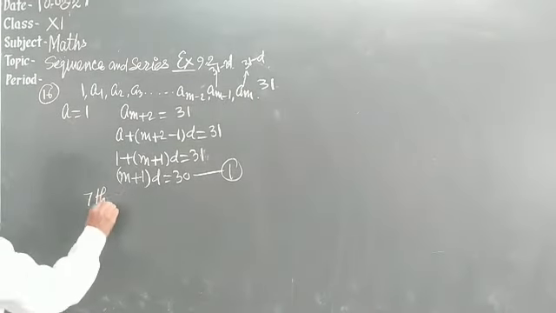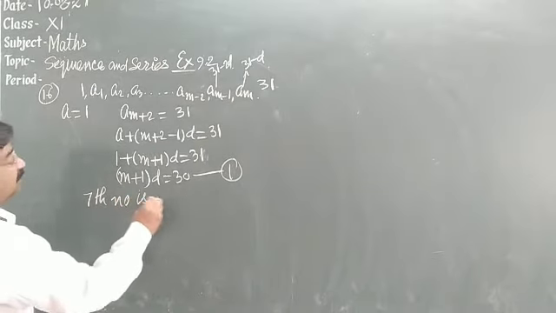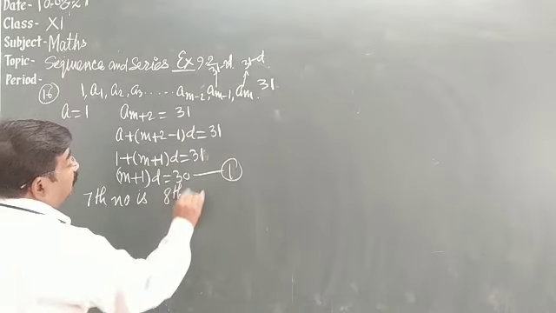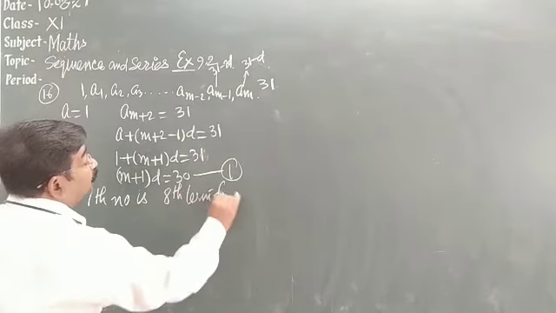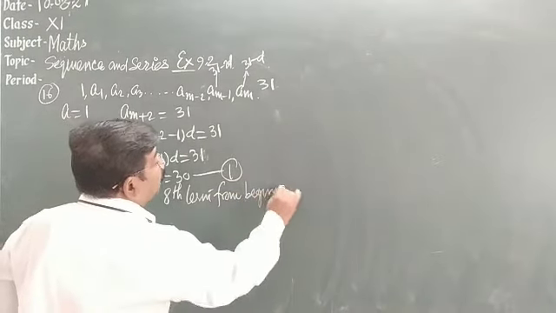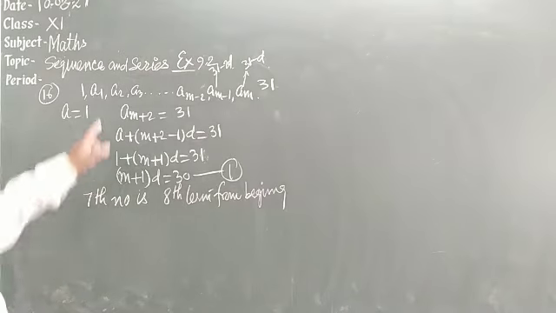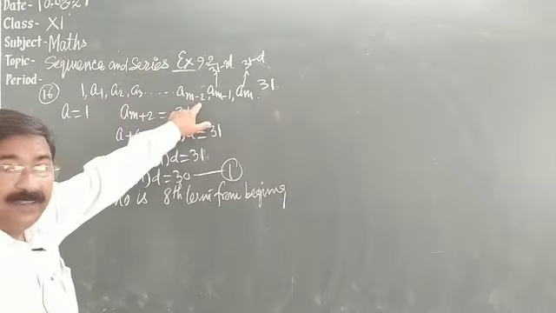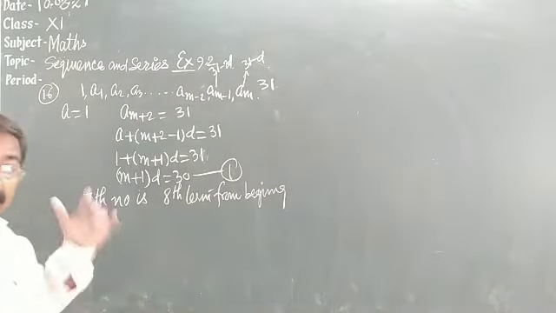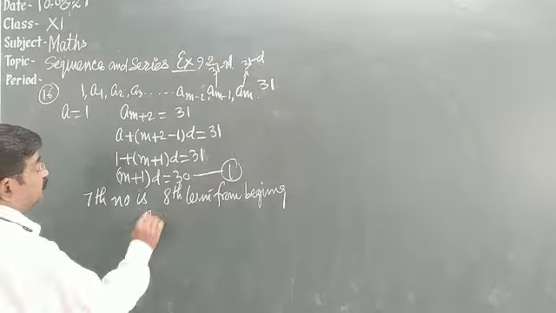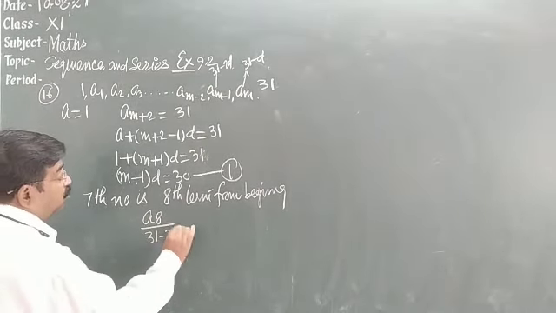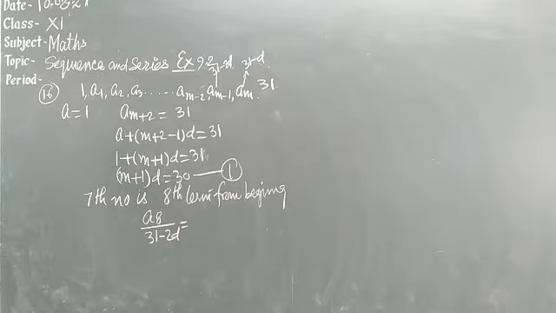The seventh number is the eighth term from the beginning. If you count 1, 2, 3, 4, 5, 6, 7, the seventh number, so including 1 it becomes the eighth term. And the ratio is given: a8 upon 31 minus 2d is equal to 5:9.